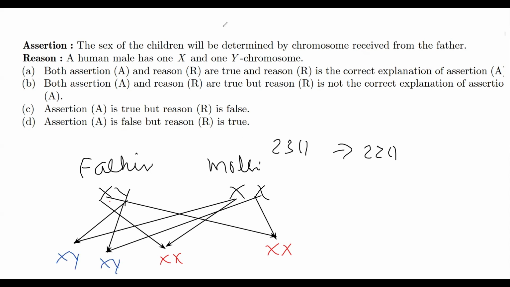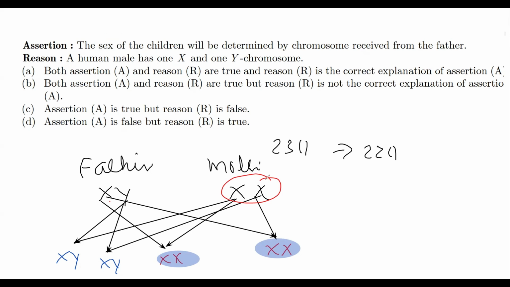So what you can see is that when it is XX, the child born is a female, and when it is XY, we say the child born is a male. So what you can figure out from here is that the mother has no role in determining the sex of the child.